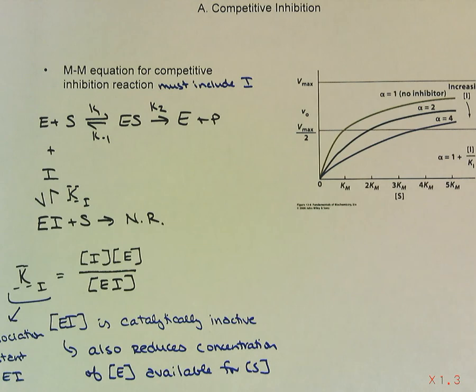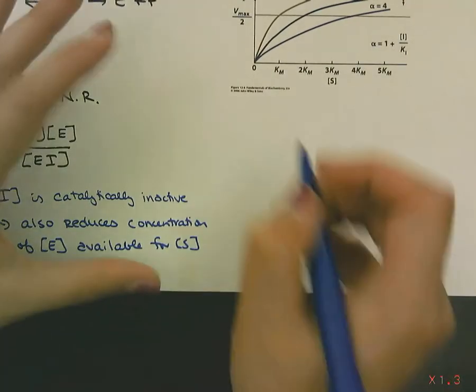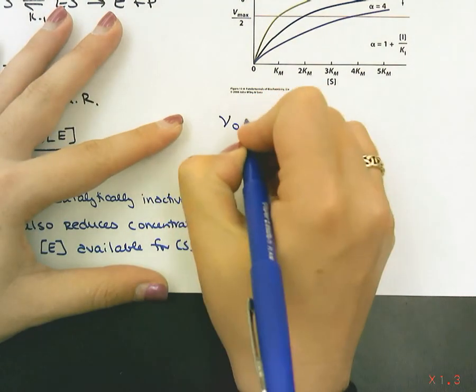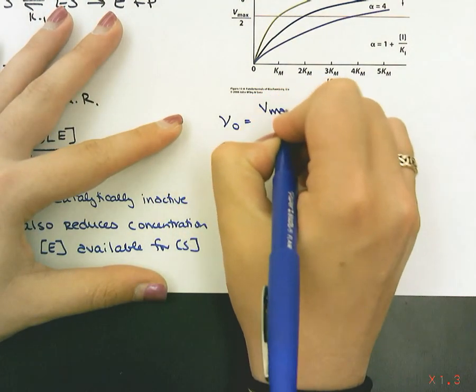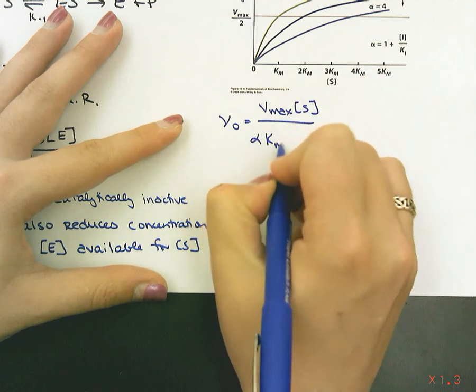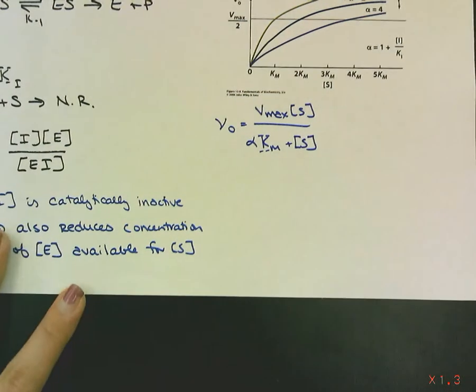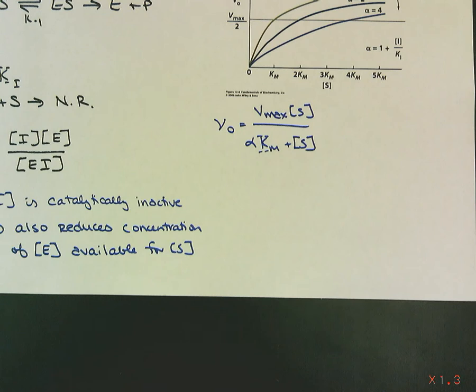So our new equation has to include I in some way. So here is our new Michaelis-Menten equation for competitive inhibitors. Who can spot the new term? Alpha. Excellent. Let's figure out what alpha means.